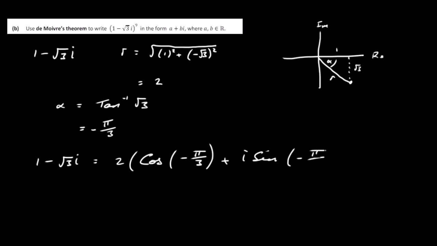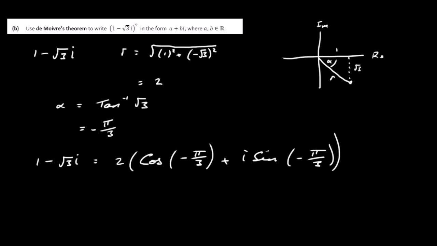So 1 minus root 3i is r cos theta plus i sine theta. So it's 2 cos minus pi over 3 plus i sine minus pi over 3. So that's our 1 minus root 3i in polar form.